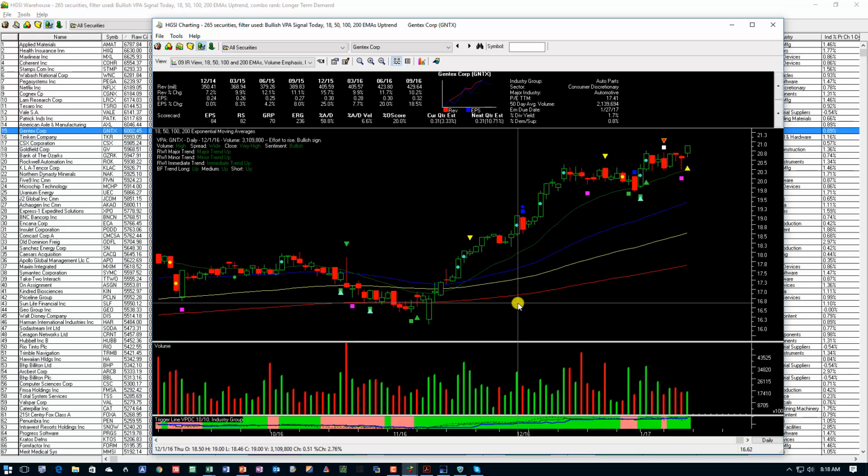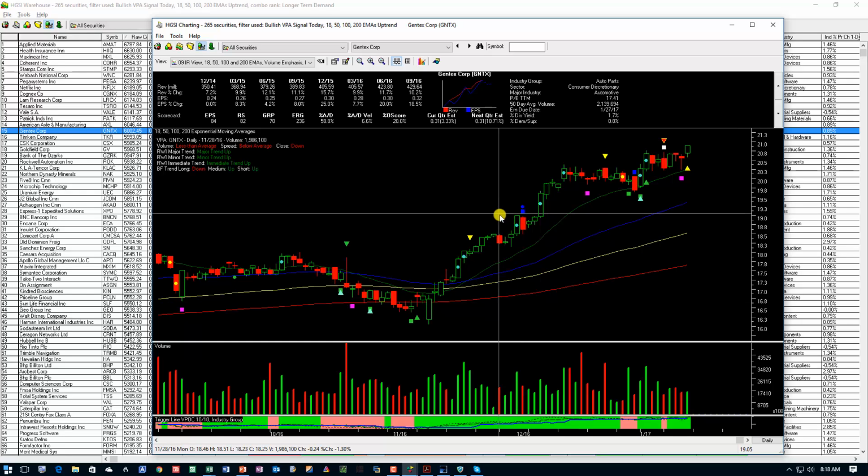So the first VPA signal with the fan in place occurred right here, and the buy point would have been just above this because it pulled back, and we use buy stops, and a buy stop requires that the stock go through the buy stop for it to be entered. So that would have been a little over $19, and it's currently trading at 21. So you don't catch the bottom with these stocks using this filter.